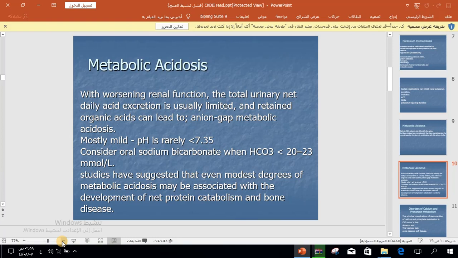But the guidelines suggest it should be 22, because they used to say that metabolic acidosis is not harmful, but studies suggest that any degree of metabolic acidosis is associated with net protein catabolism and bone disease. So it should be treated, and bicarbonate should be kept more than 22.